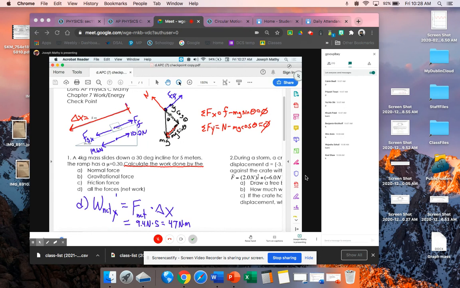Here's what I like about this problem, ladies and gentlemen. What I like is that you have a free body diagram that you've got to deal with. You've got a net force equation that you have to deal with. And then look, we made an assumption that these were equal to 0. And what we're going to find out is that that assumption worked in the y dimension.